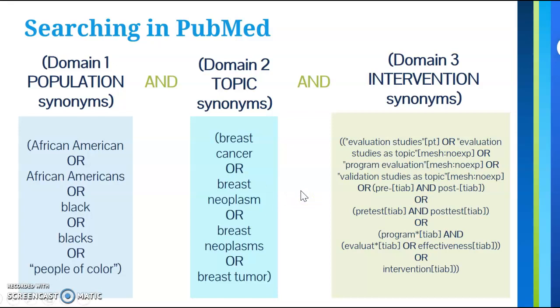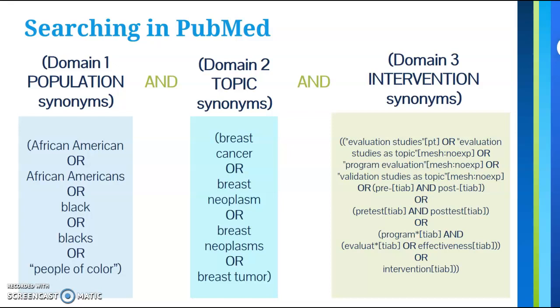So intervention too. These are all different suggestions for ways to search. You can also add additional columns and topics. So don't feel tied to only searching with 3 different things, if that makes sense.